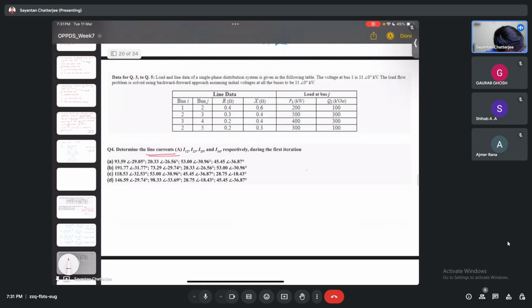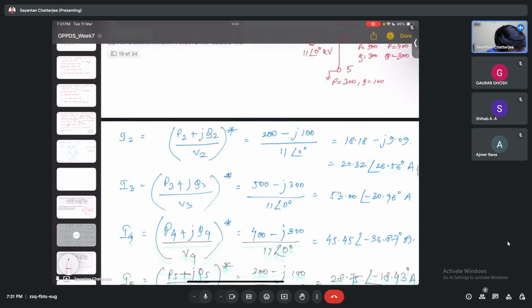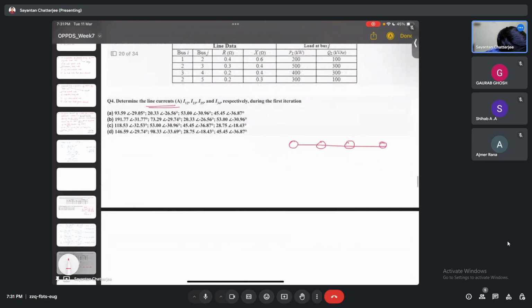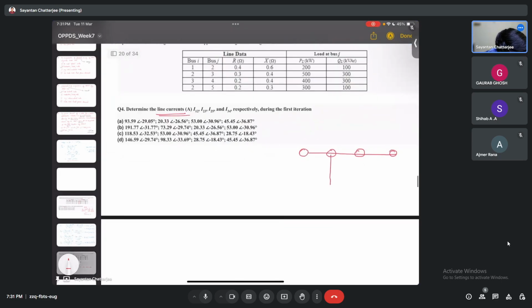So I'm just redrawing the circuit so that it will be of help. From node one and from two there is a five. For all of these, there are some loads connected. This is the substation, nodes 1, 2, 3, 4, 5.